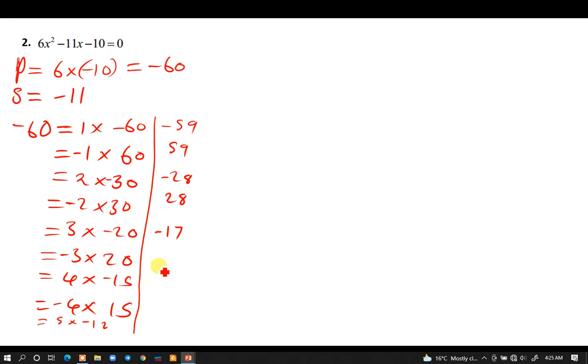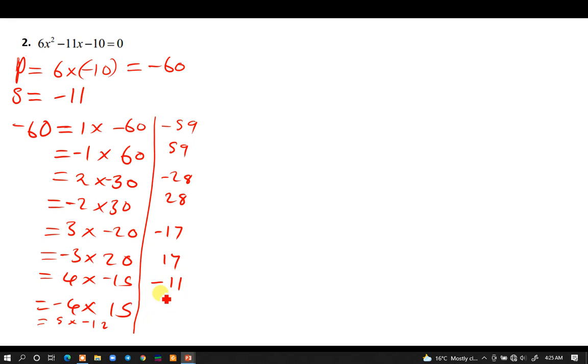Negative 3 plus 20 gives us 17. And then 4 plus negative 15 will just give us negative 11.